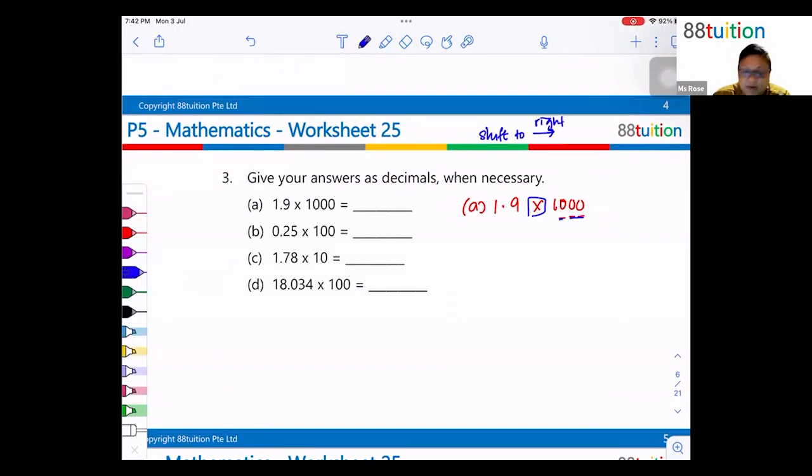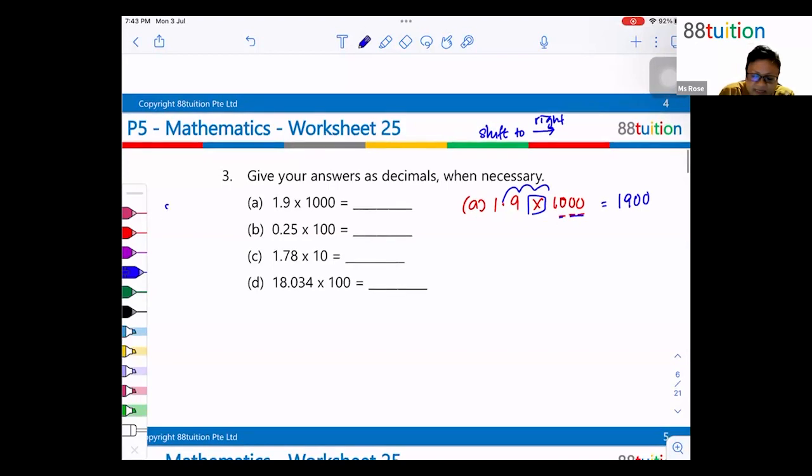Okay, how many decimal points? Follow the number of zeros. So you have 1, 2, and 3. So this is 1, 9, 0, 0. Now, if I have, let's say, 2 times 1,000, we know that the answer is 2,000, right?